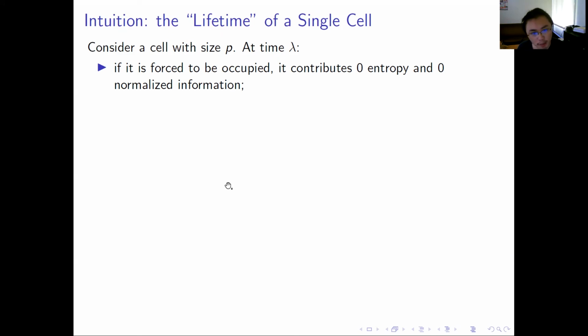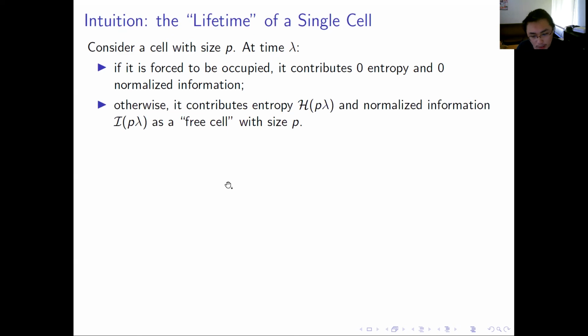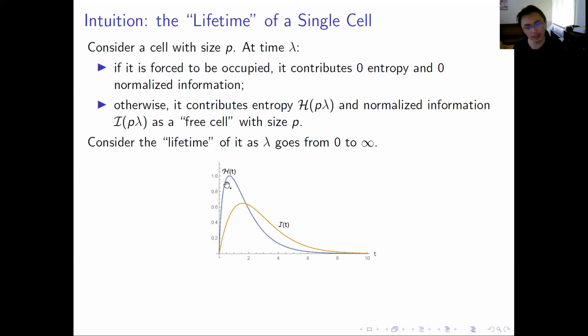So if it is forced to be occupied by its precedent, then it just contributes zero entropy and zero normalized information, because it doesn't matter whether it has been hit or not. Otherwise, if it's not being forced to be occupied, then it's just the same as a free cell of size p, and it contributes entropy h of p lambda, while providing normalized information I of p lambda. So if you plot that out, let's consider a free cell. When p times lambda is a constant, there is some decent information you can extract, but it also takes a decent amount of entropy to store.